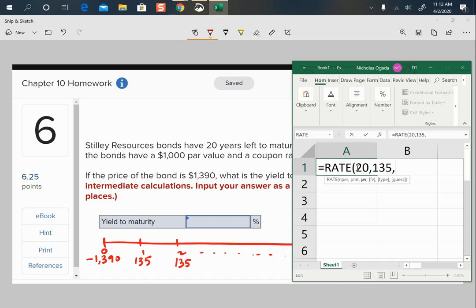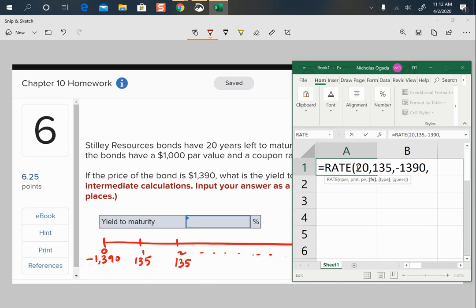So the $1,390 represents the present value of the $135 for 20 years, and also the present value of the $1,000. Because it's an outflow of cash, this is what you pay when you buy the bond, so we have minus 1,390.